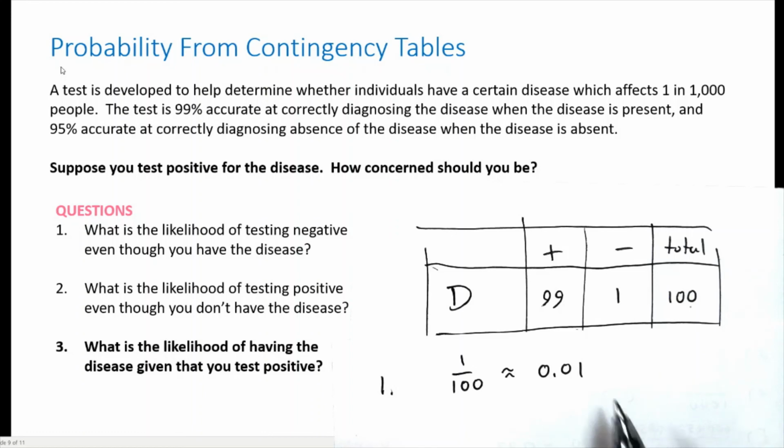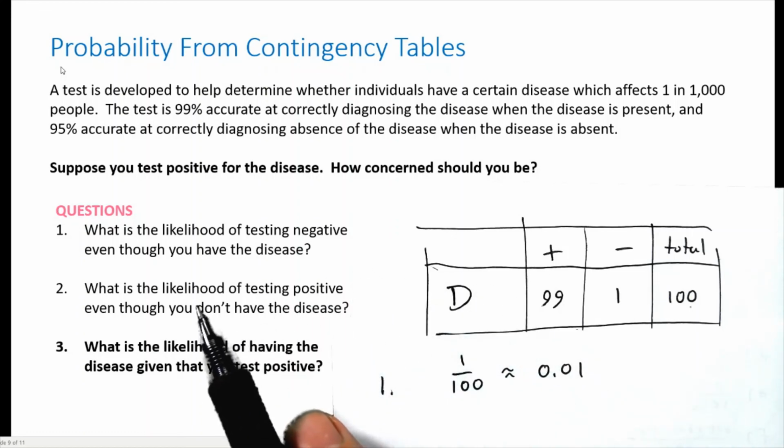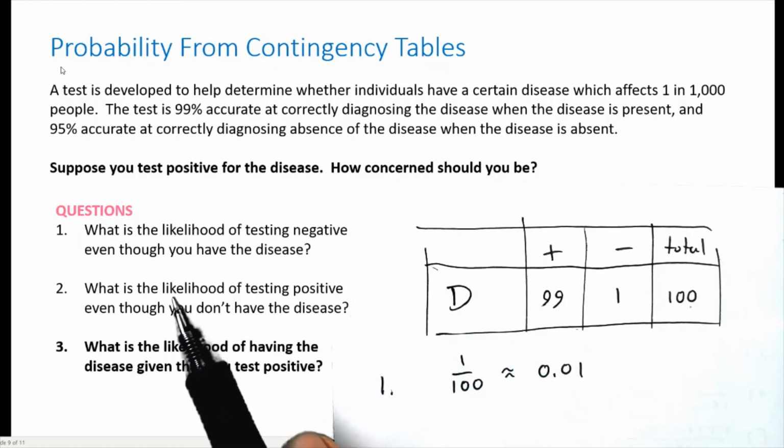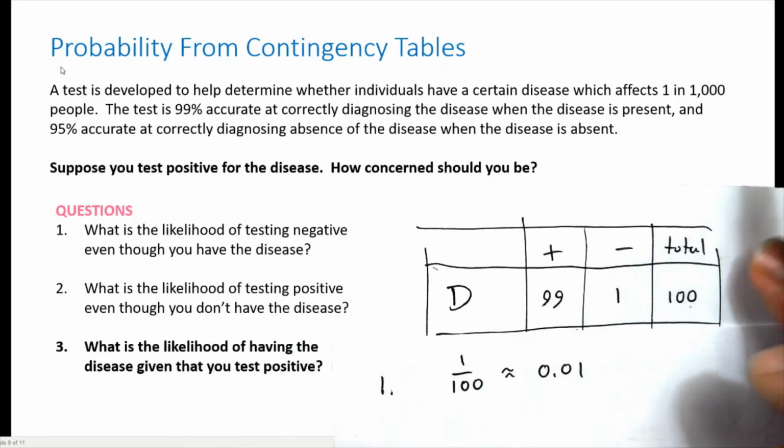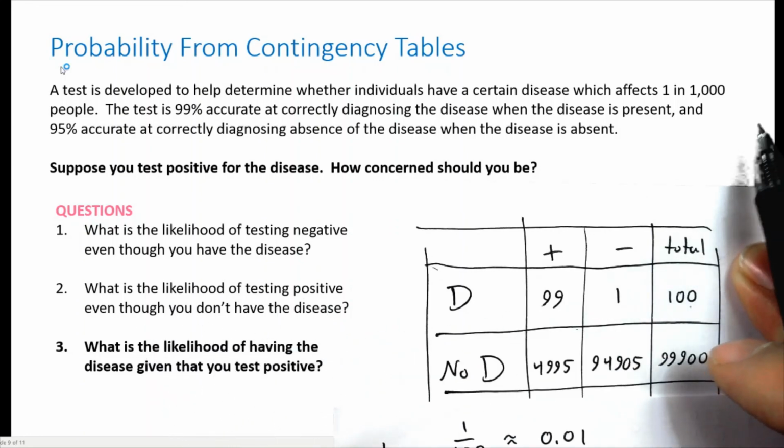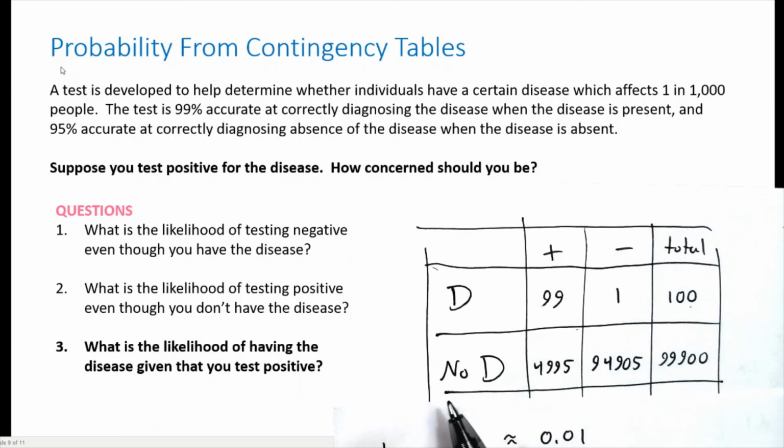And you probably could have told that from this percentage right up here. What's the likelihood of testing positive even though you don't have the disease? That's the same as the probability of testing positive given that you don't have the disease. Given that you don't have the disease means we're in this row, which means you're one of these 99,900 people. What's the probability of testing positive?